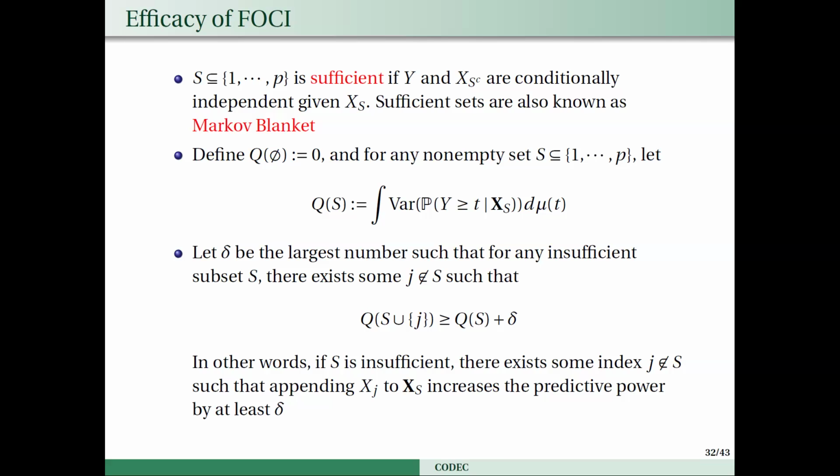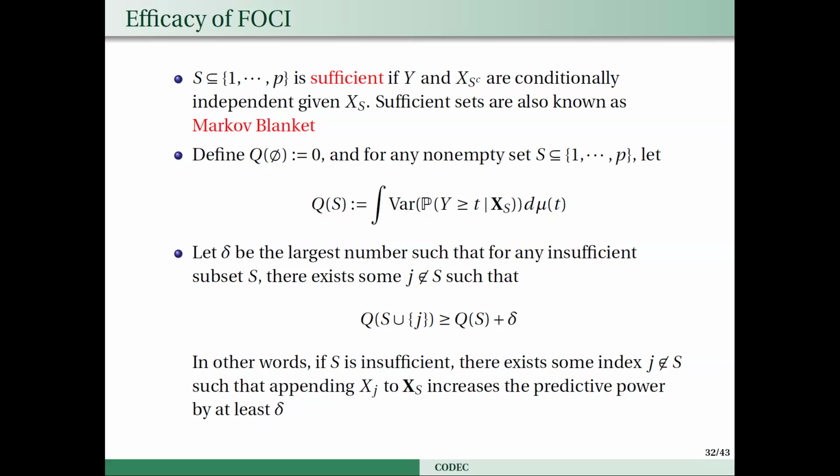This is also known as a Markov blanket. Then I define this Q function as in this shape, which is basically the numerator of our measure. And then I have this delta, which is the largest number such that for any insufficient set S, if I add any index j to my insufficient set, the amount of dependency would increase by at least delta.